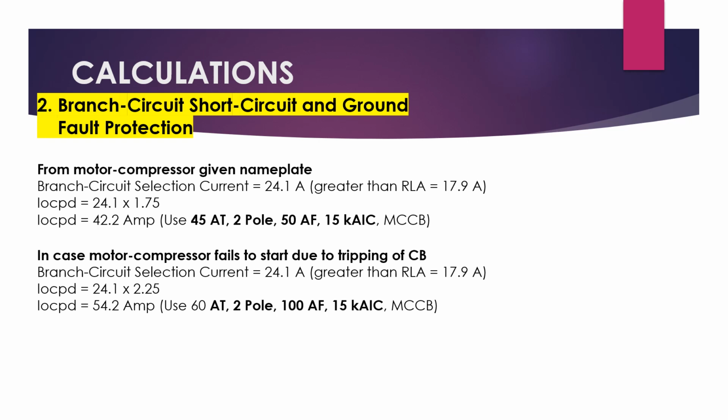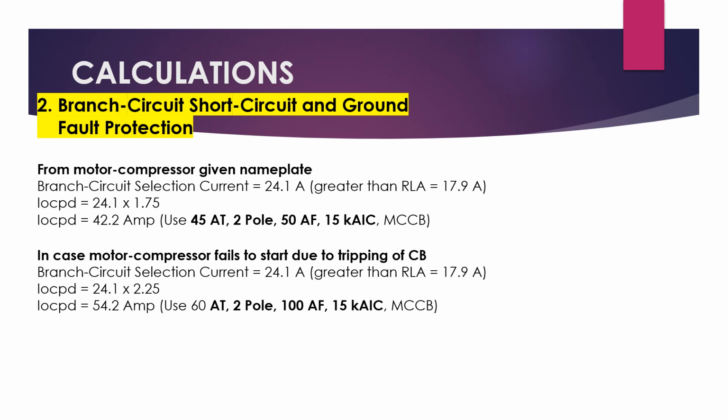In case the motor compressor fails to start during tripping, this is the option. So again, branch circuit selection current 24.1 multiplied by 2.25 as mentioned by the code. So it comes out to be 54.2 ampere.